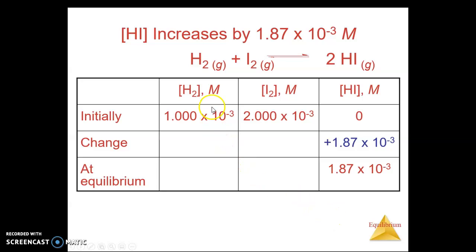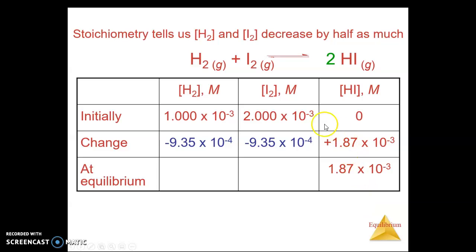Now that means, looking at the stoichiometry here, that you had to lose 9.35 times 10 to the negative fourth of each of these to get twice that number, 1.87 times 10 to the negative third, change here and end up with that. So now all we need to do is subtract this minus that.